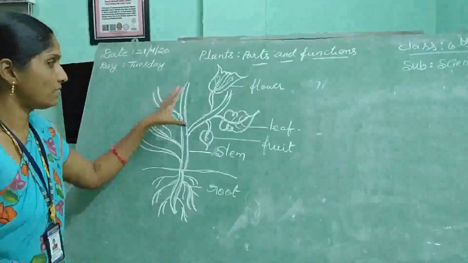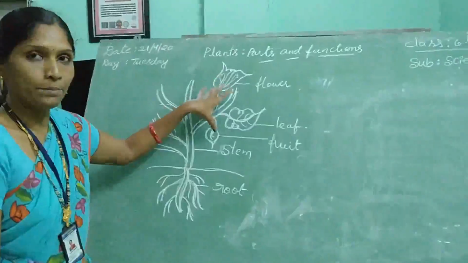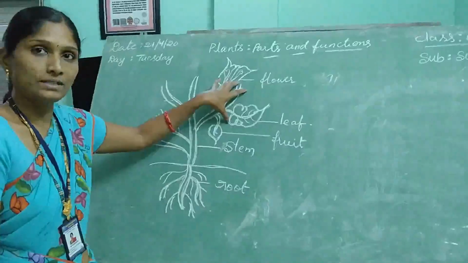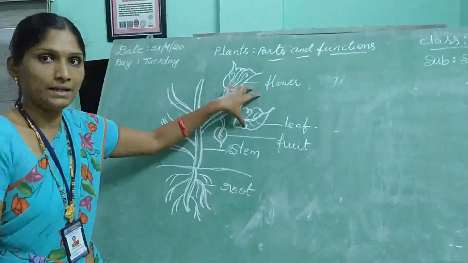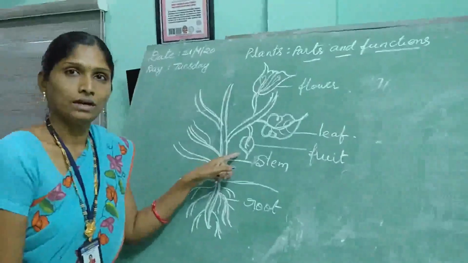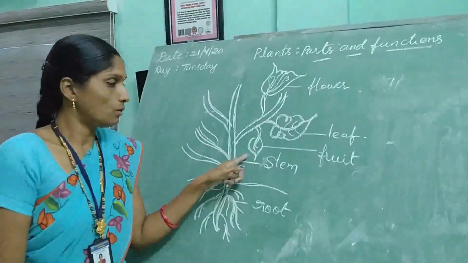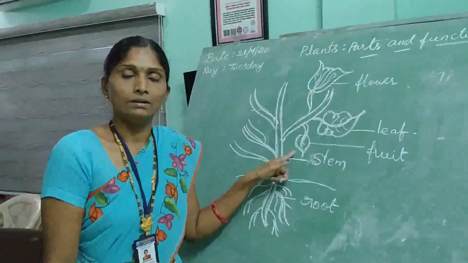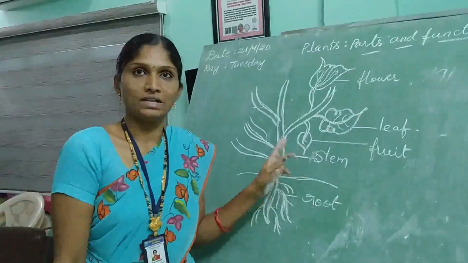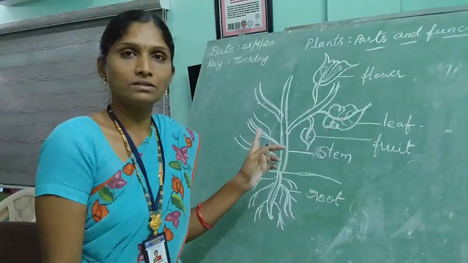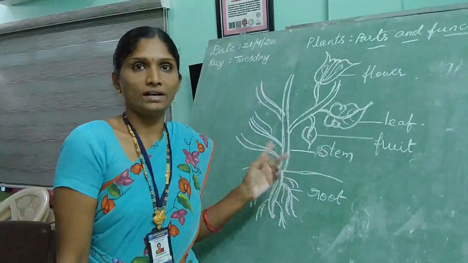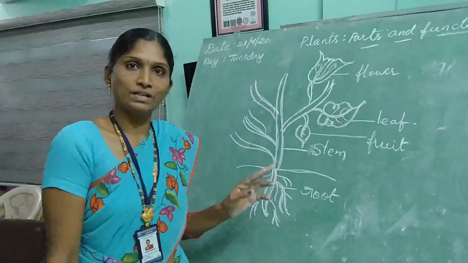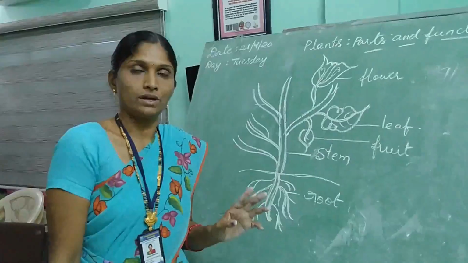A plant consists of 5 important parts, and 4 important parts are completed, and the remaining part is fruit. There are 2 types of fruits. The first type is dicotyledonous fruit and the second type is monocotyledonous fruit.